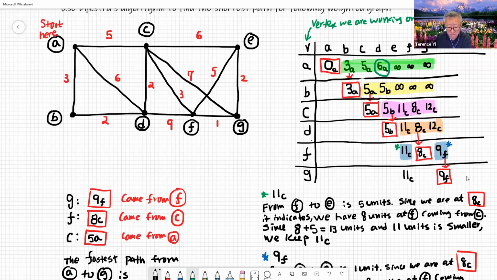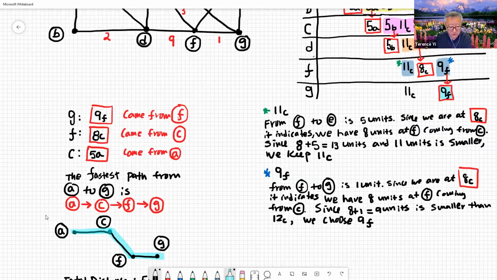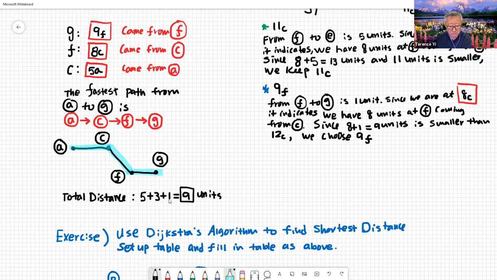Okay? So you didn't even have to calculate this. You just have to look at what the red box is indicating. So that's going to be the 9F. And I actually calculated down here 5 plus 3 plus 1 equals 9 units.